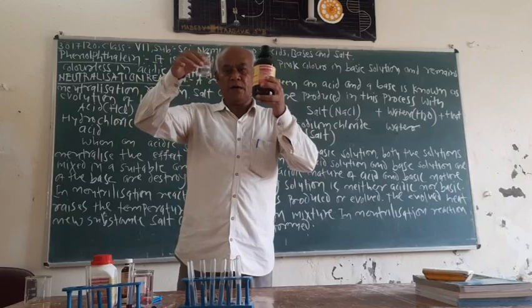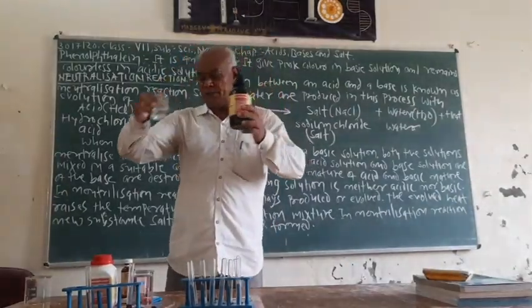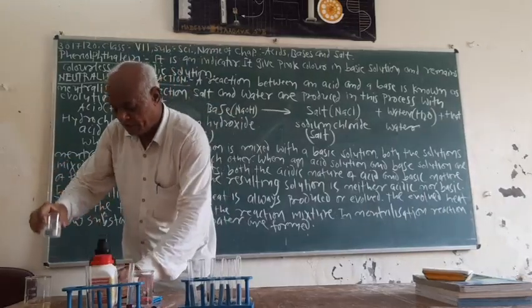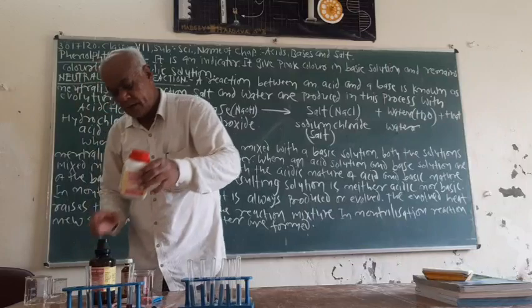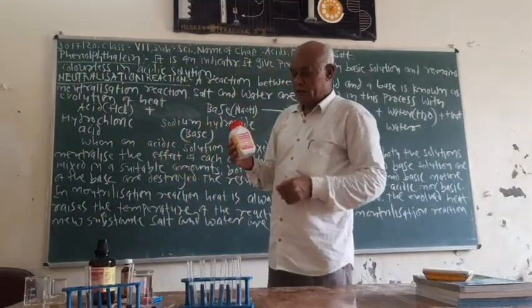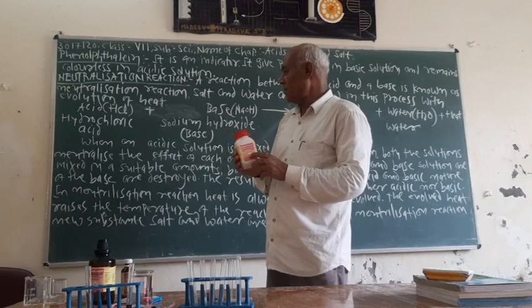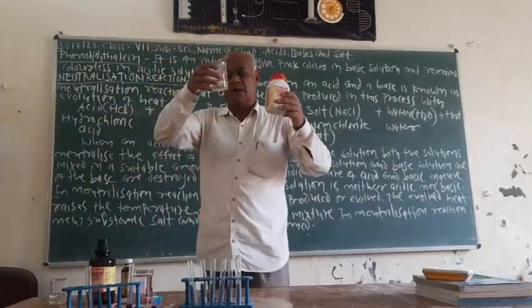I transfer hydrochloric acid into a small beaker. Therefore, we have hydrochloric acid in it. I have sodium hydroxide. I dissolve some pellets of sodium hydroxide into a beaker containing water.